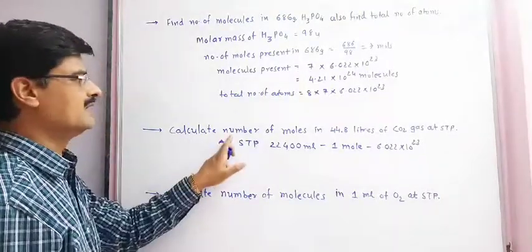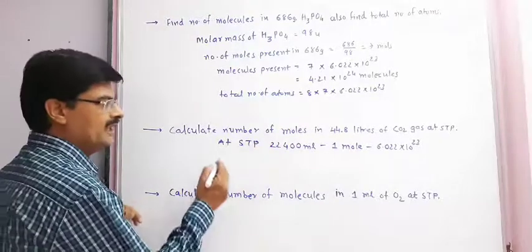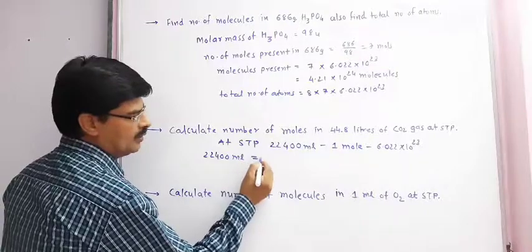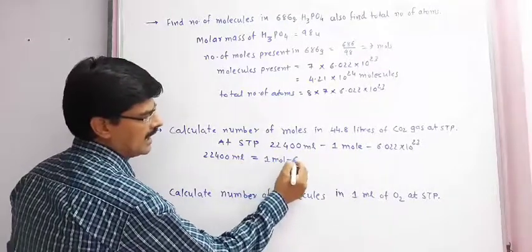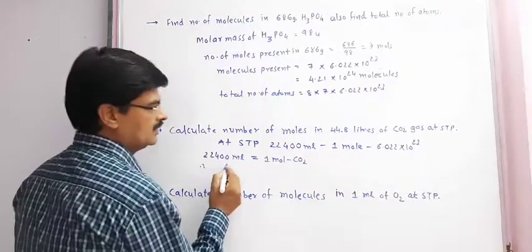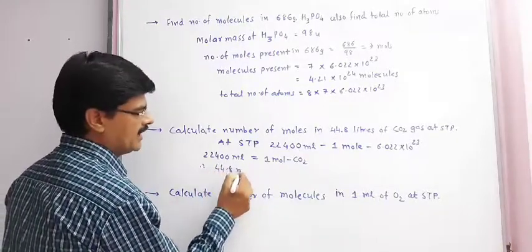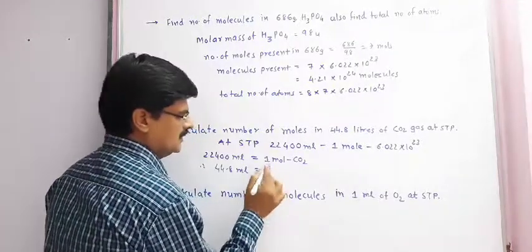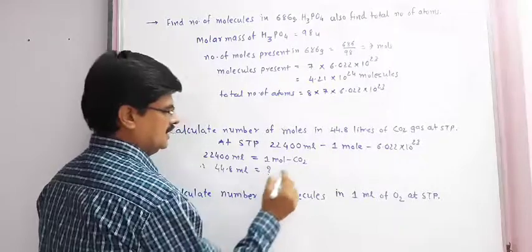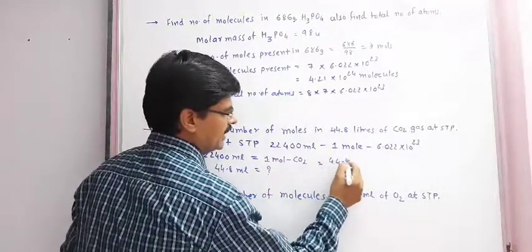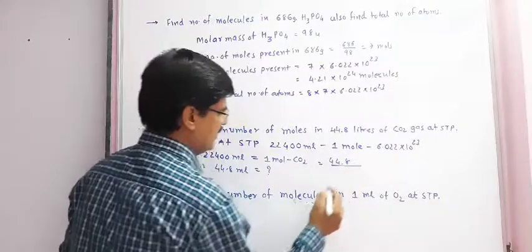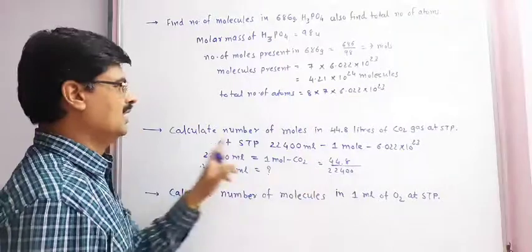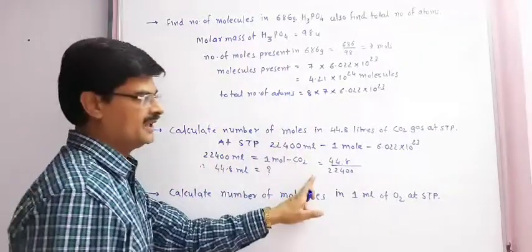But here we are asked only about moles. So we can write 22400 ml is equal to 1 mole carbon dioxide. Therefore, 44.8 liters is equal to question mark. So we will get 44.8 divided by 22400. This will give our number of moles on simplification.